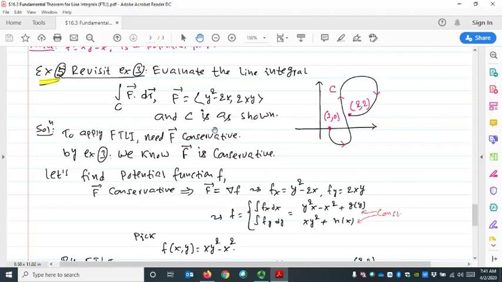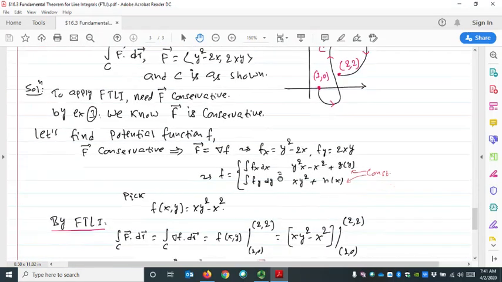If our vector field is conservative, find the potential function. So let's first find the potential function. Here F is conservative, then we can write F equals the gradient of f for some scalar function f.